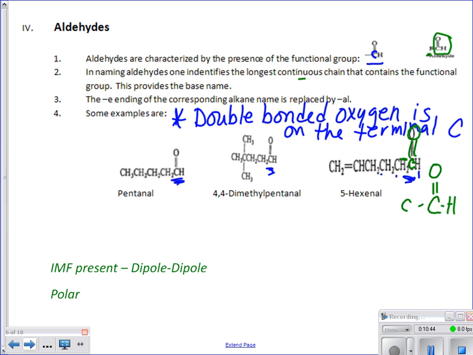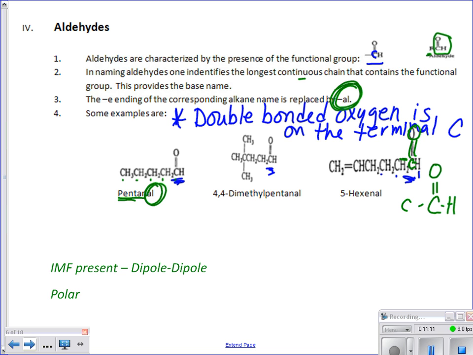So again, I'm not going to ask you to do that, but you can probably look at this and say 1, 2, 3, 4, 5. There's 5 carbons. Instead of it being pentane, it's now a pentanal. That's the ending that we need to know about. When you see an al ending, that implies that it's an aldehyde. Notice that it sounds pretty similar to an alcohol, but it's an aldehyde, so be careful about that.